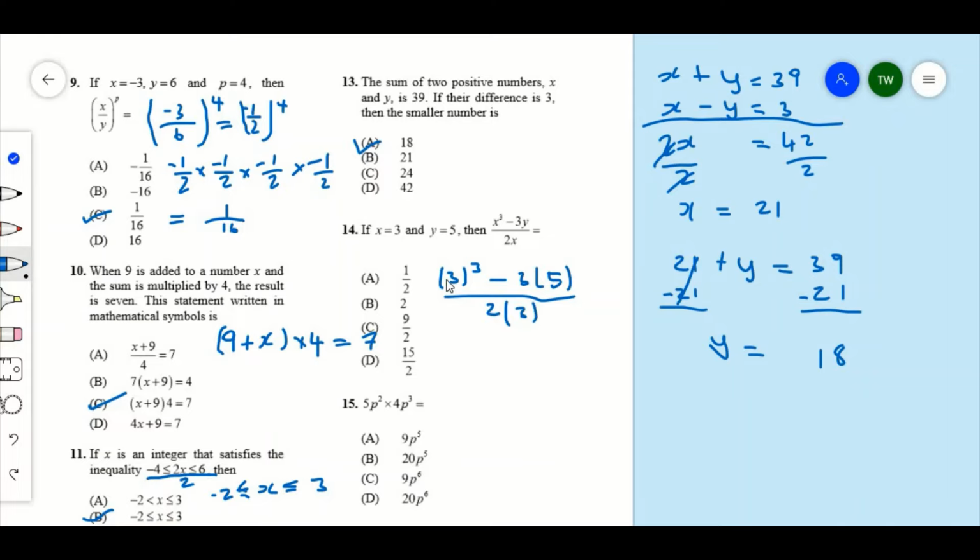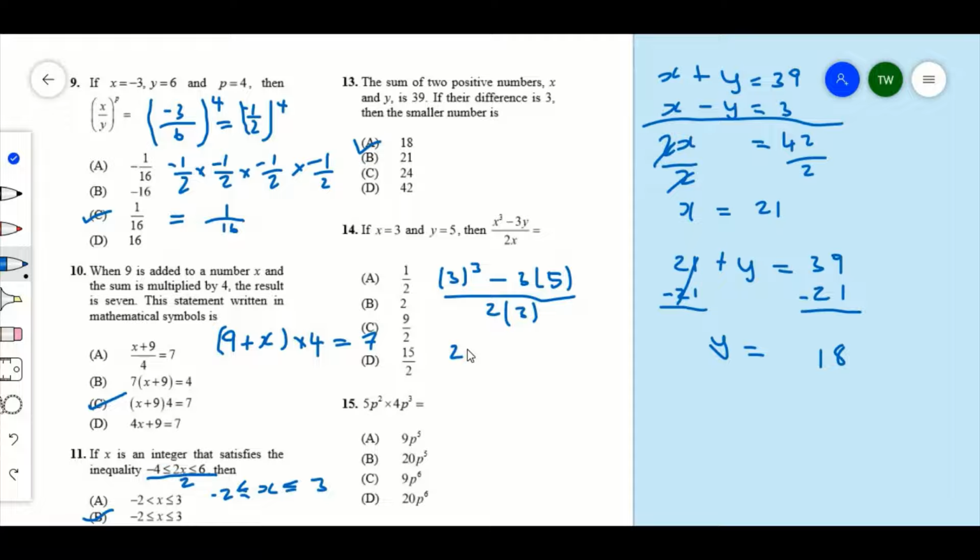Now remember that 3 cubed means that you're going to multiply 3 by itself 3 times. So it's going to be 3 times 3 times 3. So 3 times 3 is going to give us 9, and 9 times 3 is going to give us 27.